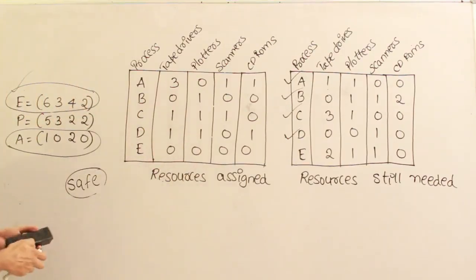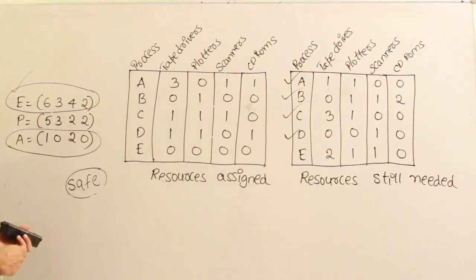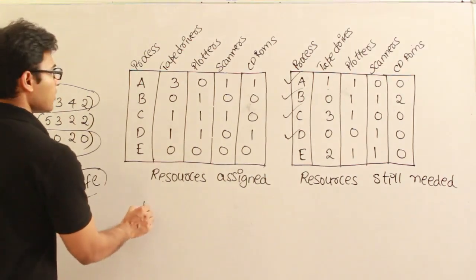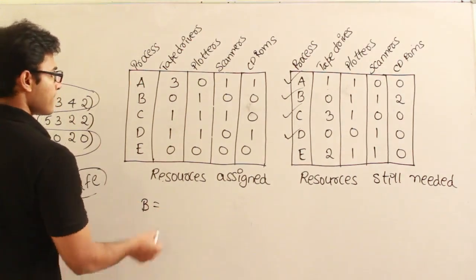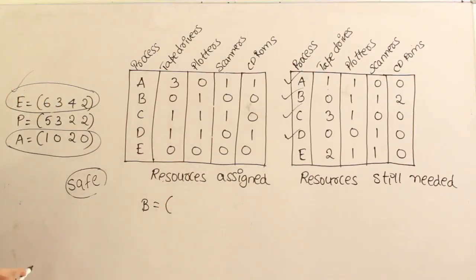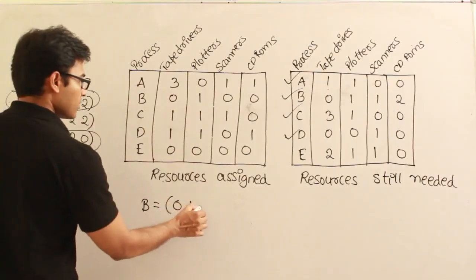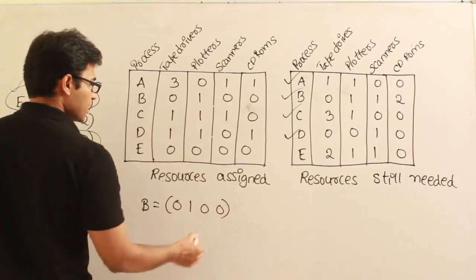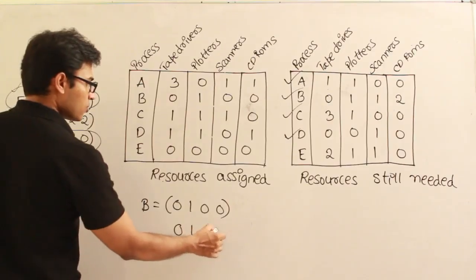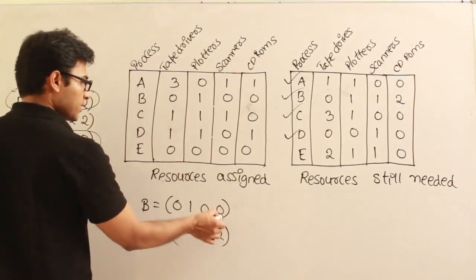Now assume that when you are in this state, suddenly B is asking for 0 1 0 0, which means even though B needs a total of 0 1 1 2, right now it is making a request for this.